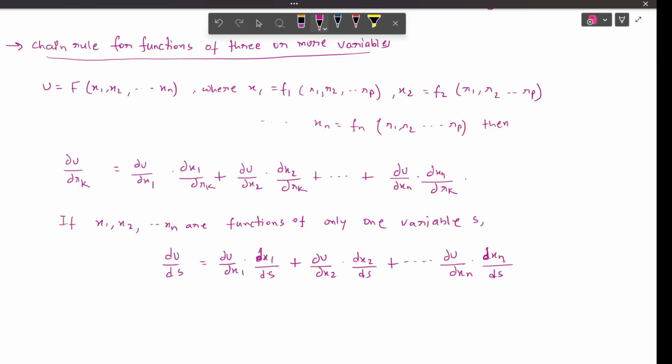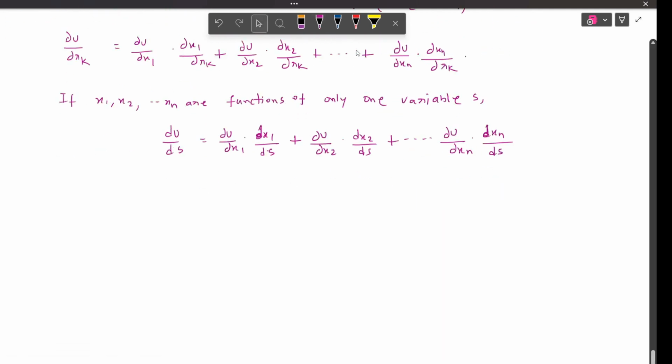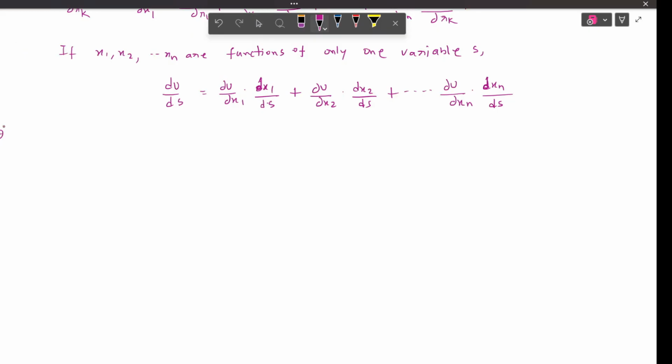Okay, let us say we have a question which is, if v is z sine of y by x, where x is 3r square plus 2s, y is 4r minus 2s cube, z is 2r square minus 3s square.